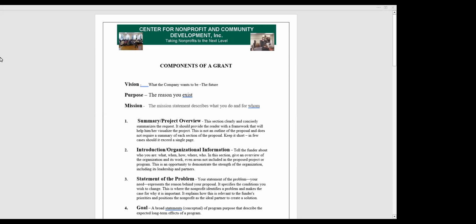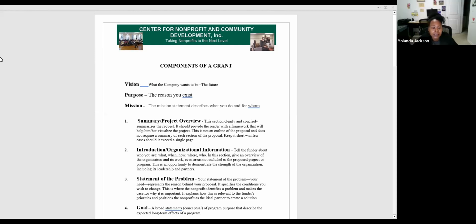Okay, the first part of a grant is the summary or project overview. Read for me what a summary and what a project overview is. This section clearly and concisely summarizes the request. It should provide the reader with a framework that will help him or her visualize the project.